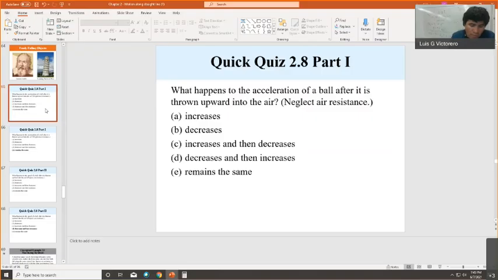Gravity. Because of gravity. And does gravity change? No, gravity doesn't change. So it remains the same. You got it, it's a tricky question. All right, it remains the same.